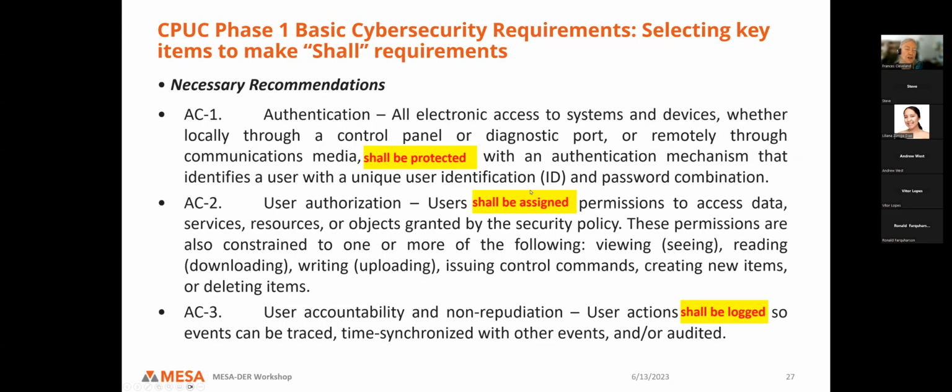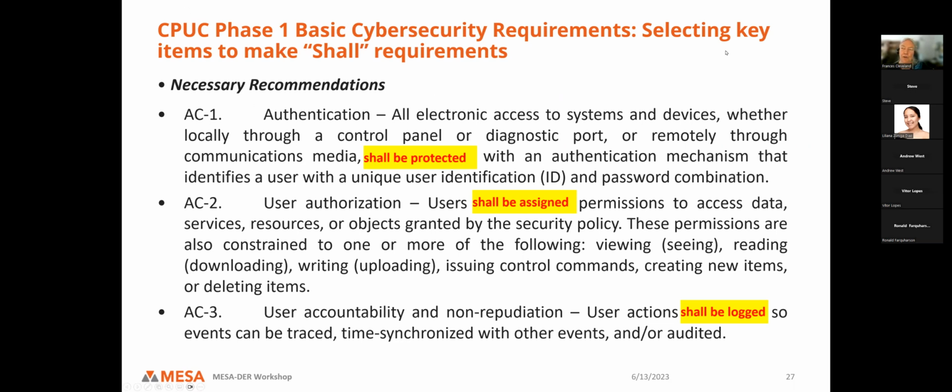So one thing that we have done in the California Public Utilities Commission is we're working on developing some basic cybersecurity requirements. So remember 1547.3 is recommendations only. What we're trying to do is to develop a set of basic cybersecurity requirements.